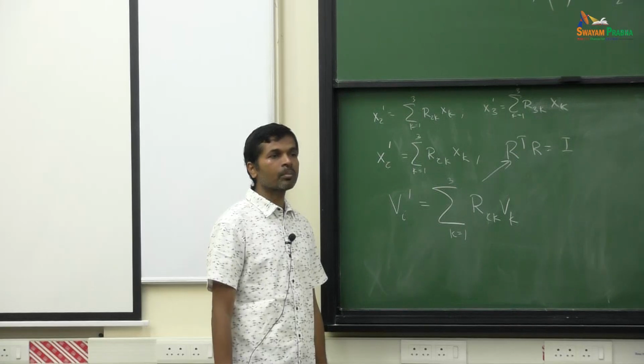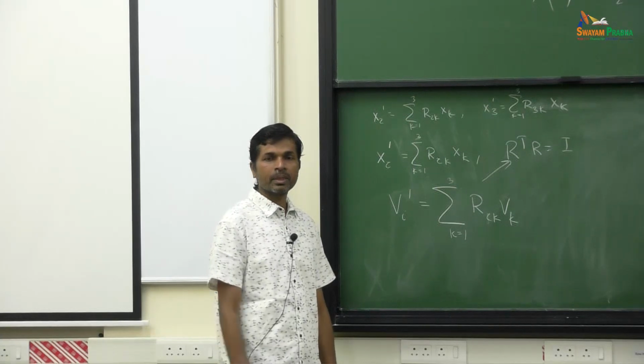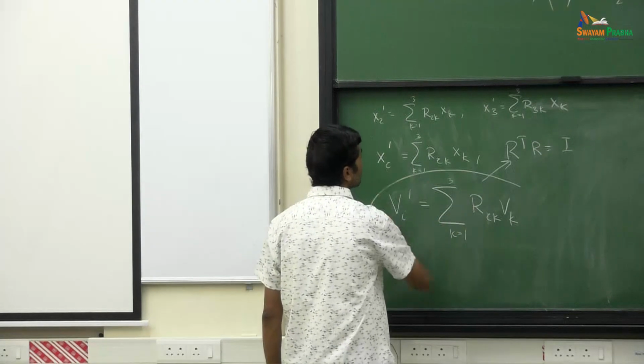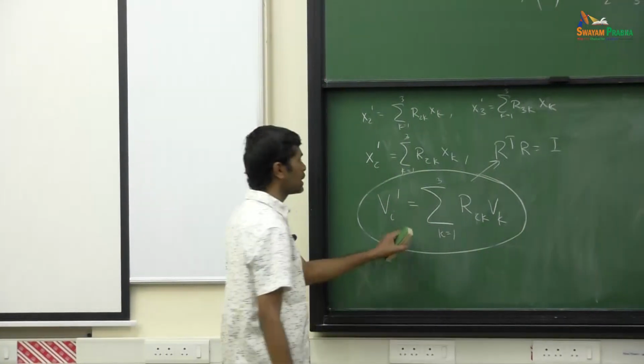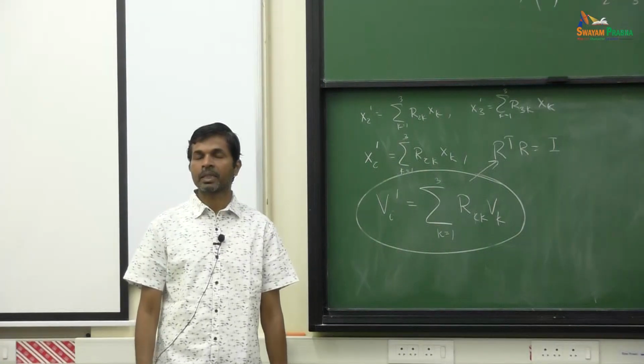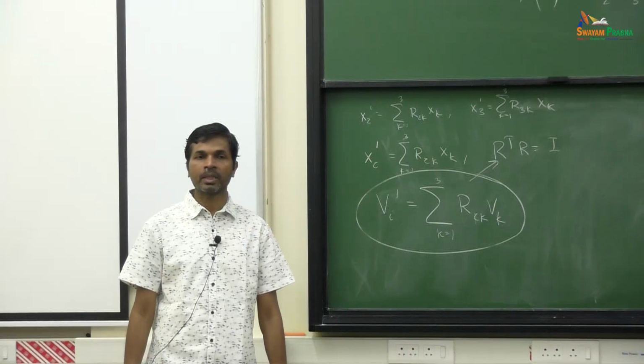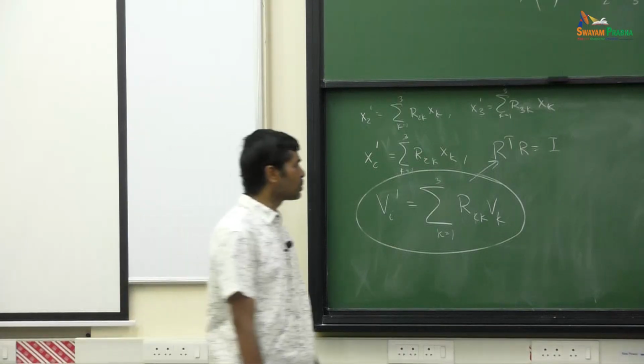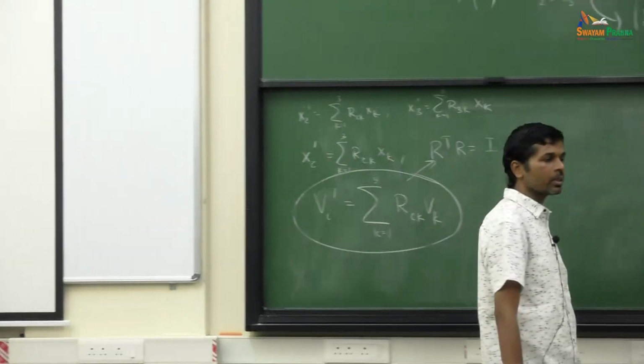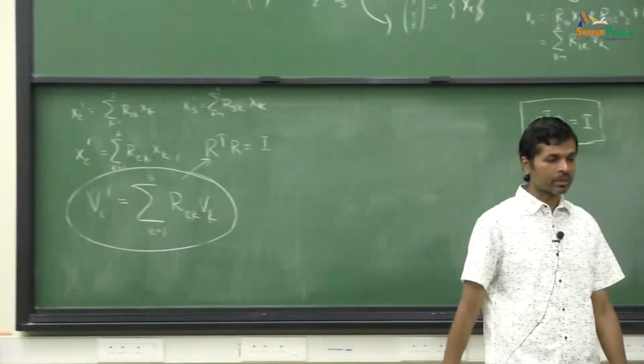Now I am turning the definition around, and saying that this is what makes a set of 3 quantities a vector. Any set of 3 quantities which transform in this fashion under rotation are called vectors.